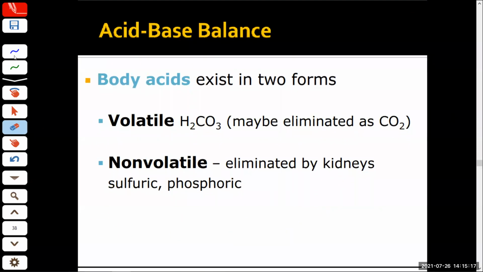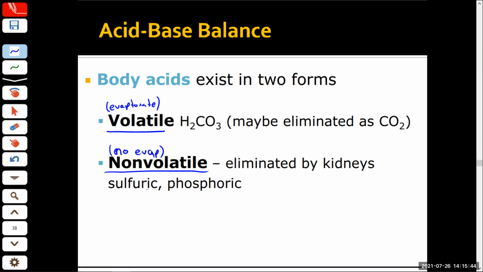All right, body acids. There are two forms, volatile and non-volatile. No, you do not have explosive acid inside of you. Volatile just means that it can evaporate. Non-volatile can't evaporate, so no evaporation. What organ handles most of your gases? Lungs.